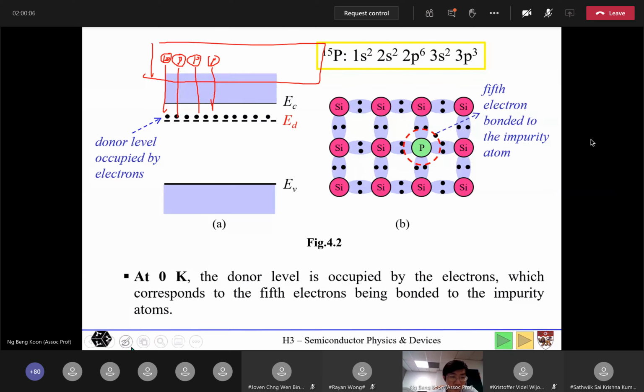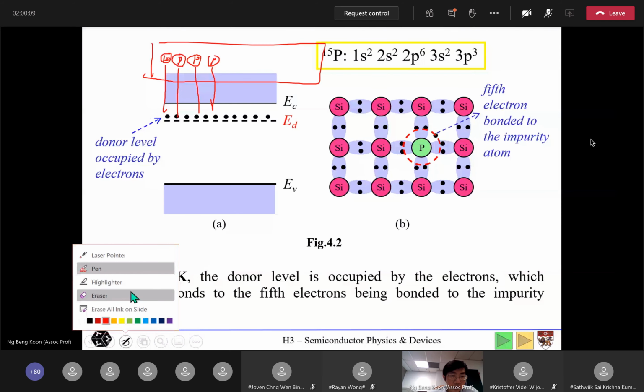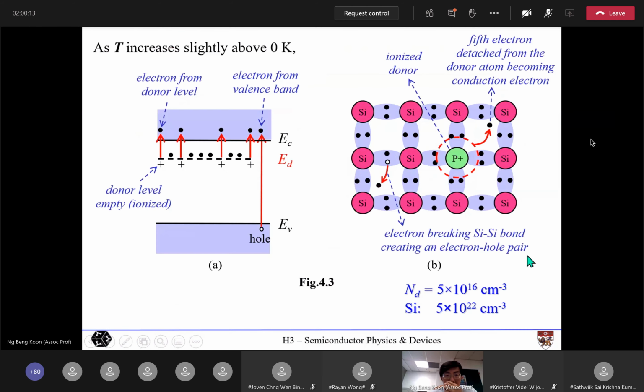Now, when you bring the temperature of this semiconductor up, when there's thermal energy, this 5th electron, because it's loosely bound and quite close to the conduction band, only needs a little bit of thermal energy to break free. In the band diagram, it corresponds to electrons sitting in the donor level going up into the conduction band. Once it's in the conduction band, it's free to move.